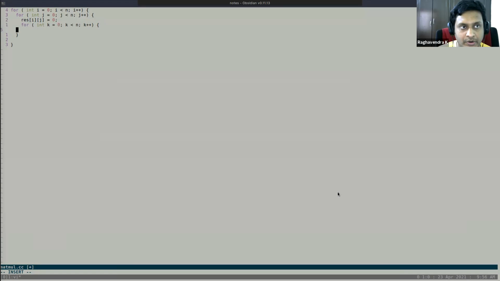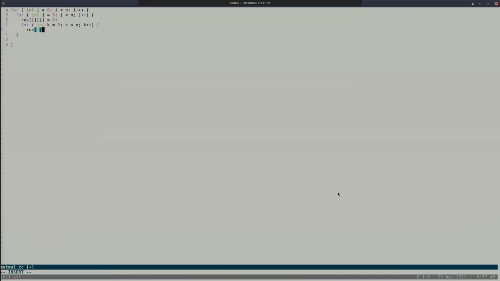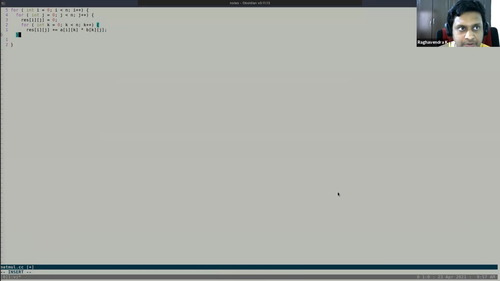Then what should I write here? result of ij plus equals A of i k, B of k j. Now this is fine, right? This works. You have already been seeing this from before. So this is the matrix multiplication code. I hope everybody knows this. Let's go this way.